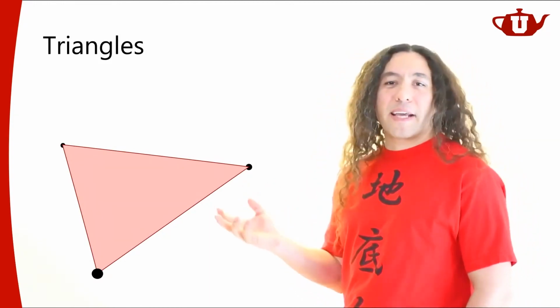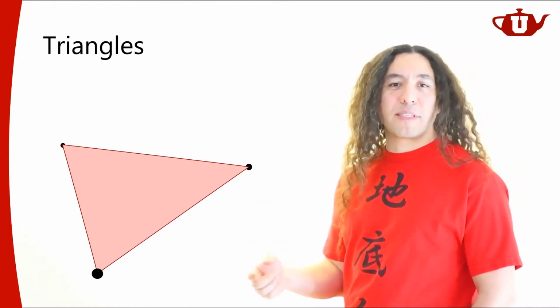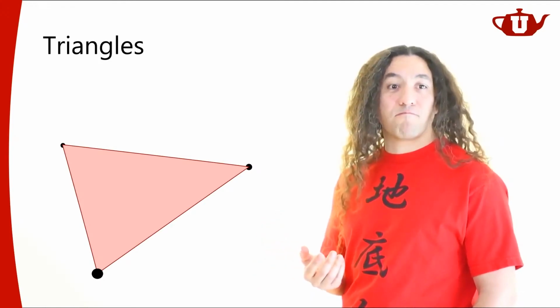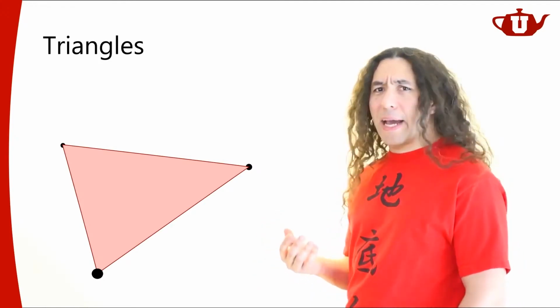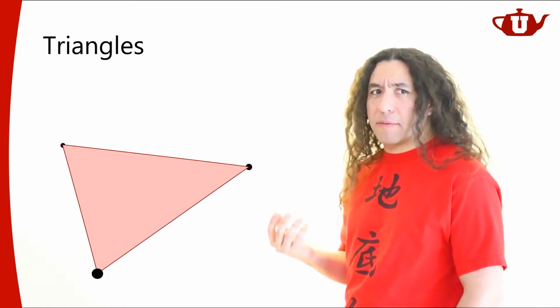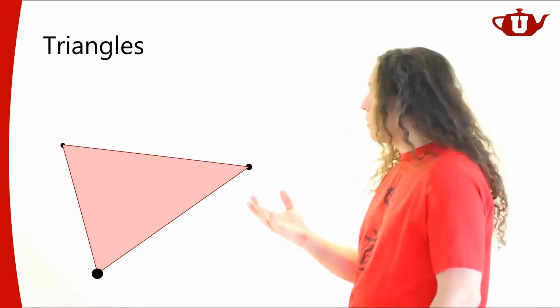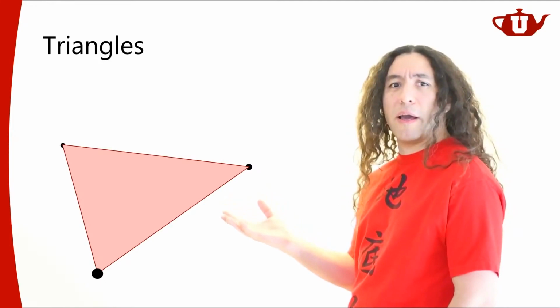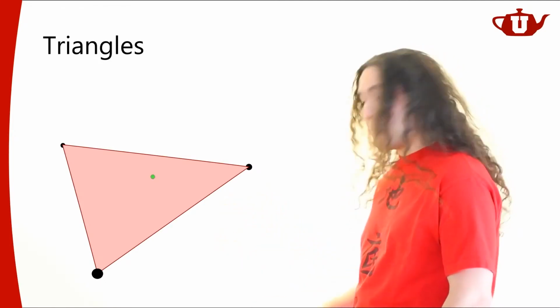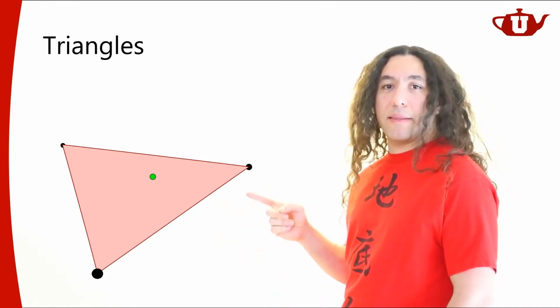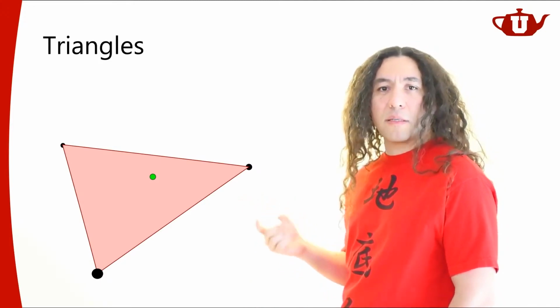Now, defining a triangle is easy. I just have 3 points in space and I define a triangle. But I need to figure out all the points on this triangle somehow, right? Let's pick a point here, like this point in the middle, this green spot.